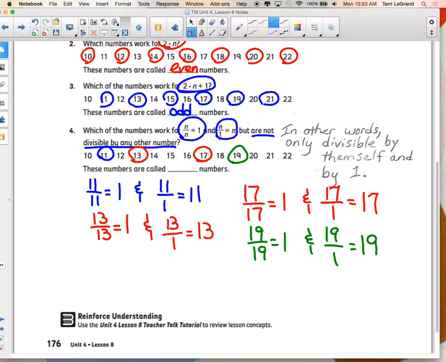What numbers in that list do we know for sure are divisible by something else? We could have crossed them out right away in the beginning, actually. Danny? 15?